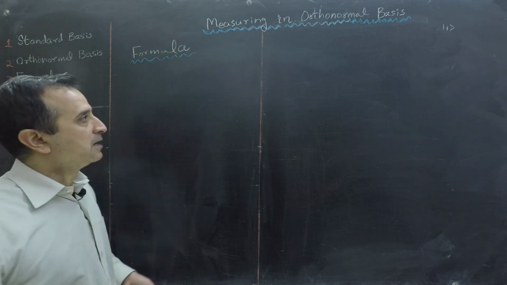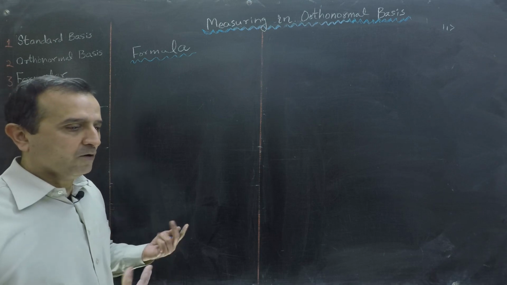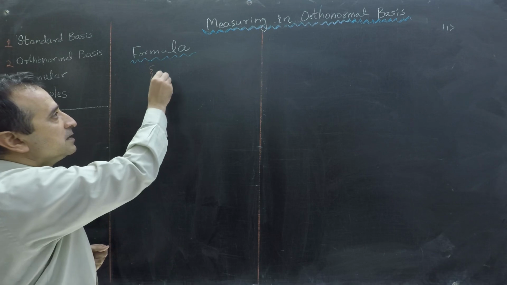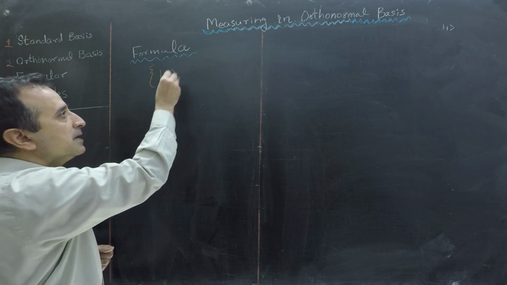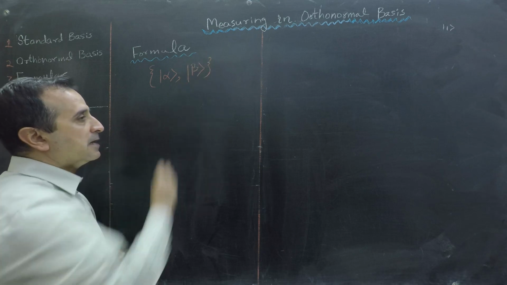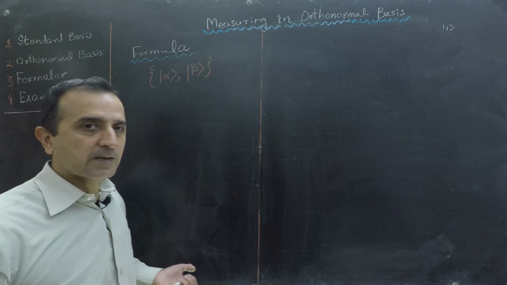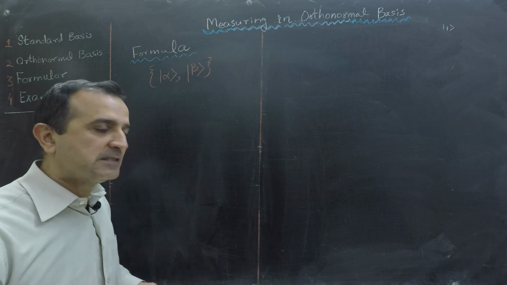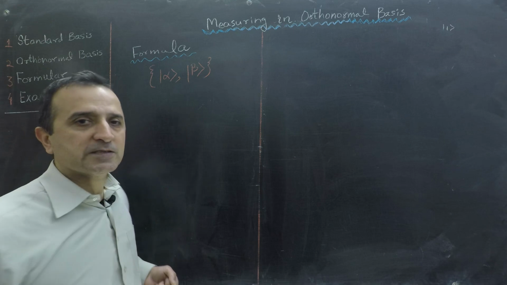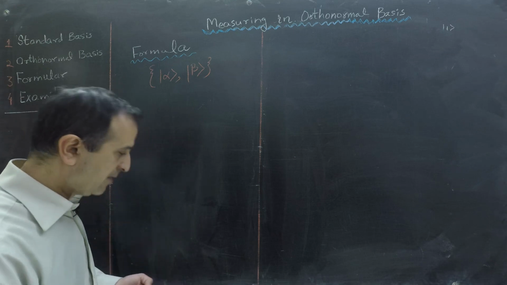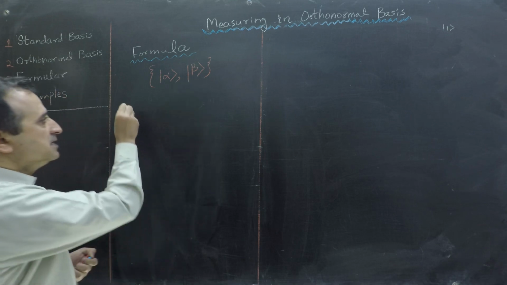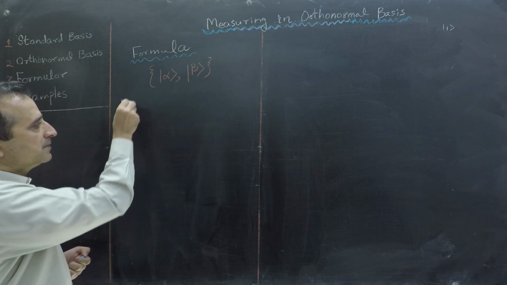Let's say I am given an orthonormal basis of ket alpha and ket beta, and I want to express my qubit, that is in some other basis, any other basis, in this orthonormal basis. And let's say my qubit that I want to express in this basis is ket psi.